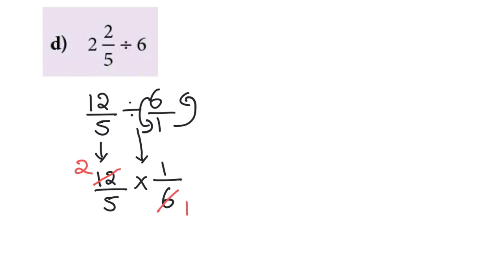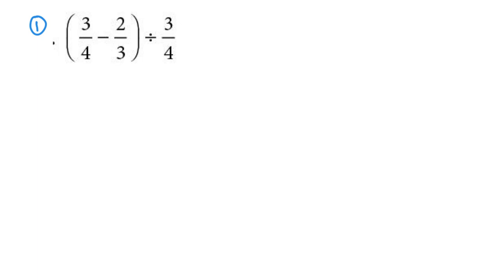Now we can't further simplify this. So we simply multiply the numerators and we multiply the denominators. So 2 times 1 is 2 divided by 5 times 1 is 5. So the answer is 2 over 5. This is how you divide two fractions.